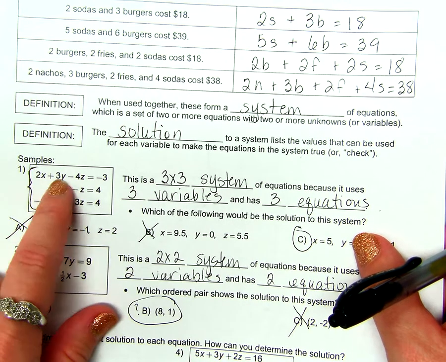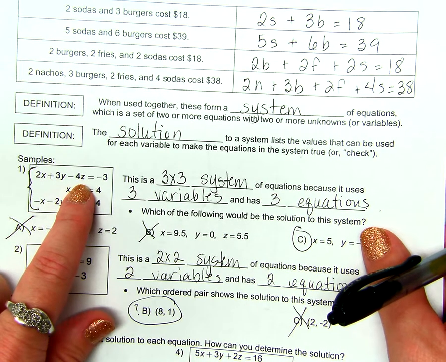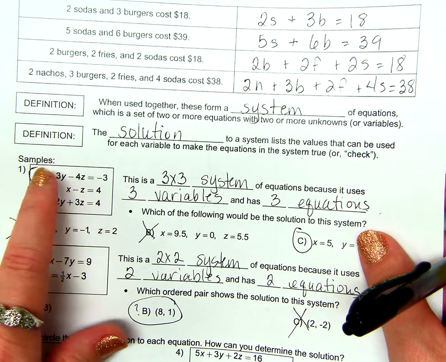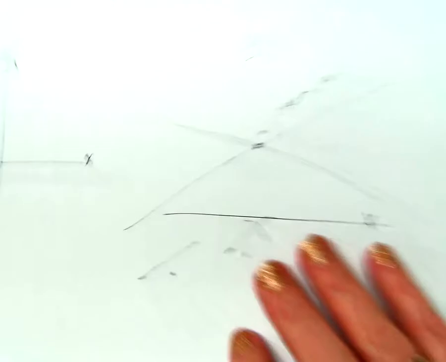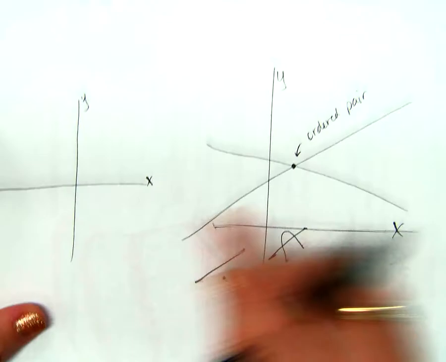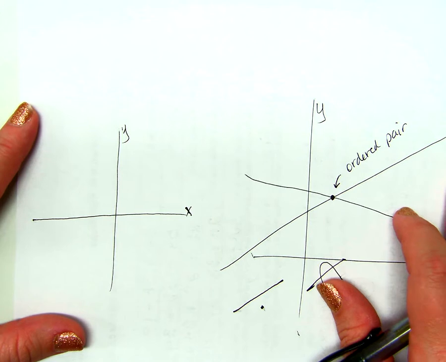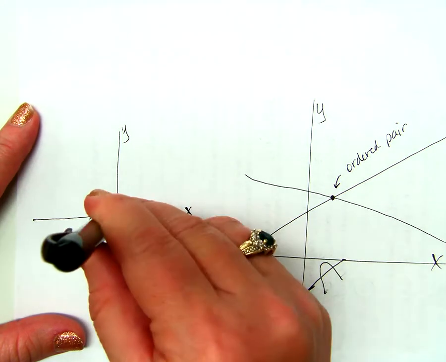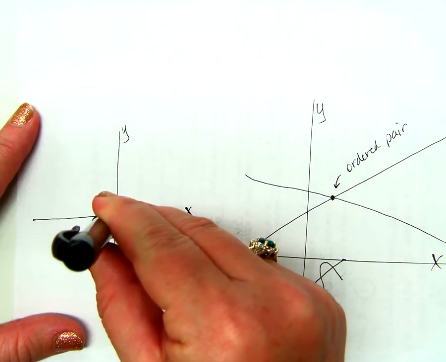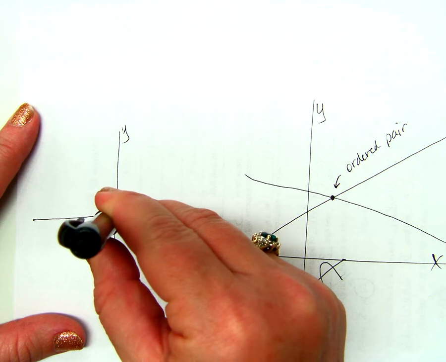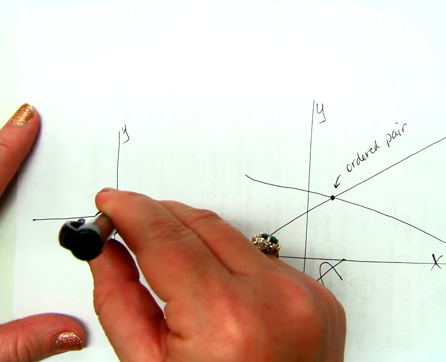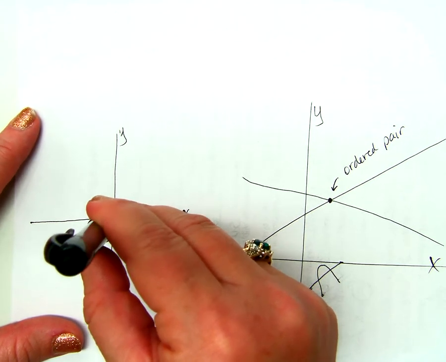So I had an x, a y, and a z. Can I graph that? Yeah, I got an x-axis and a y-axis. You see those, right? Guess where the z-axis is? Right there. It's coming out of the paper toward you. So it is three-dimensional. Okay?